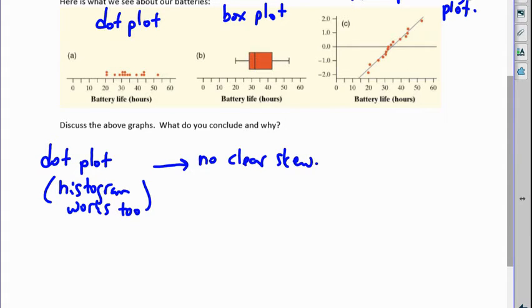So that's good because we're at the 15 level, so that's a very small data set. And we can see that it's maybe roughly symmetric.